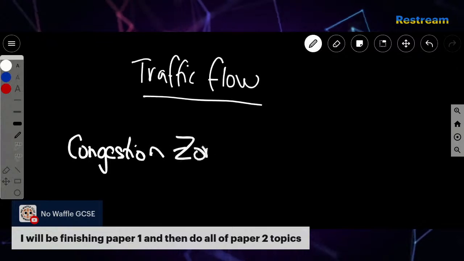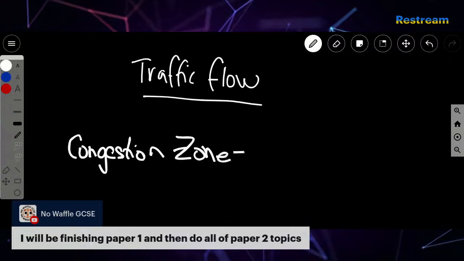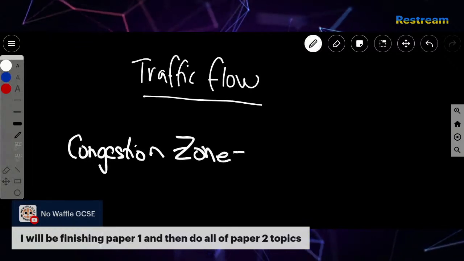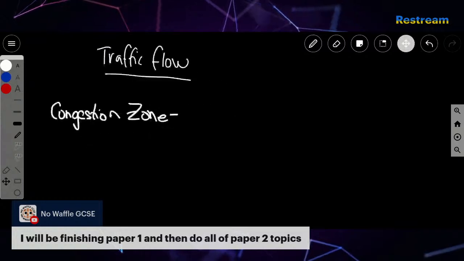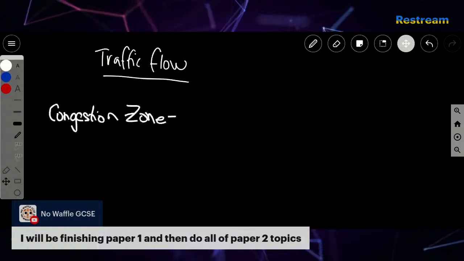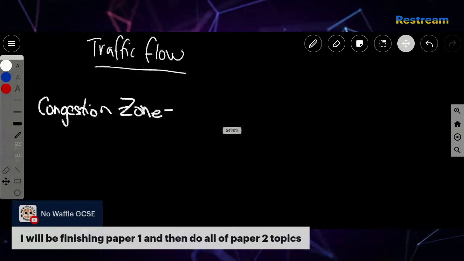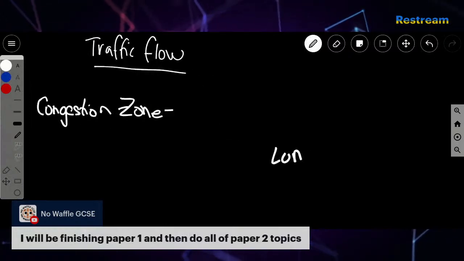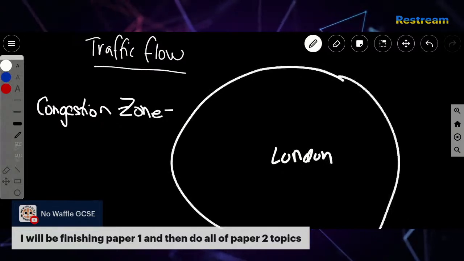So congestion zones are basically what happens when there are areas of high traffic, and the government then monetizes you going into this congestion zone in a car. So say the congestion zone around London spans the M25, for example. The M25 is this ring of roads all around London.